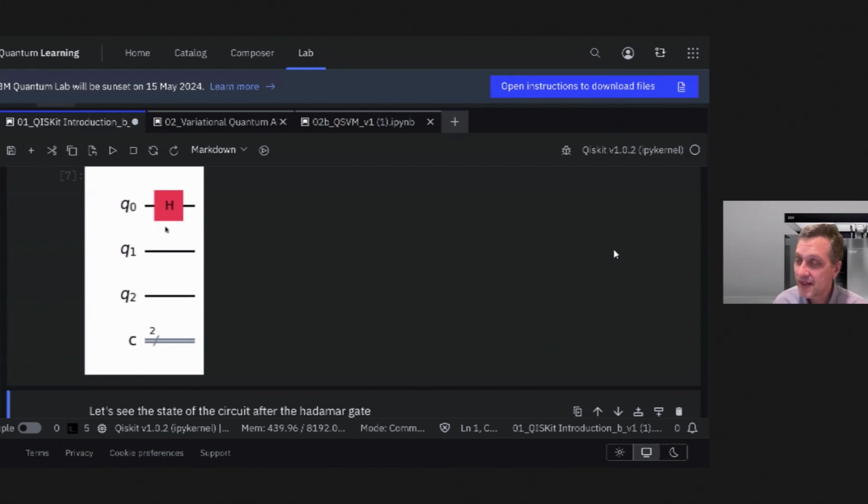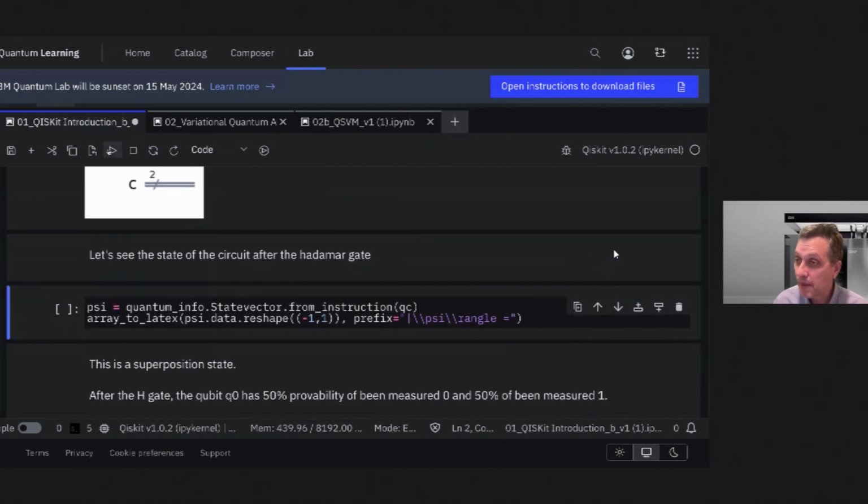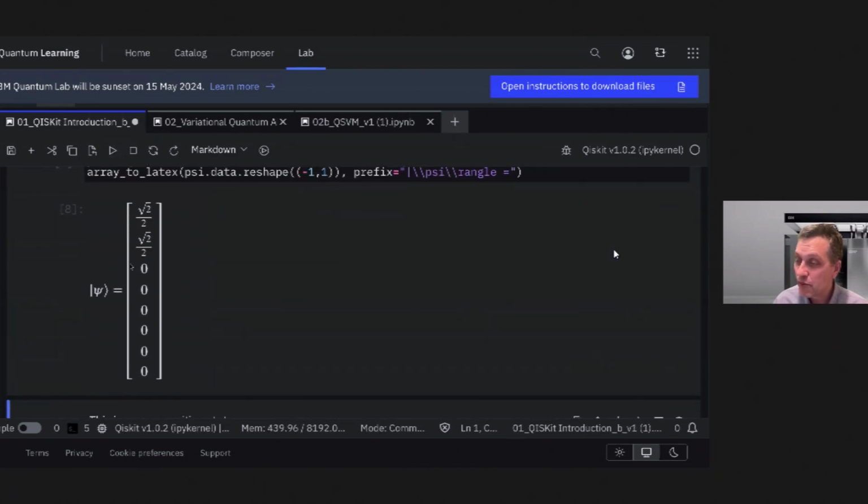If we use the gate we call the Hadamard gate, we can put this qubit in a superposition state. That means we have a probability, the square of this, so 1/2 probability of getting 0 and 1/2 probability of getting 1 when we measure.